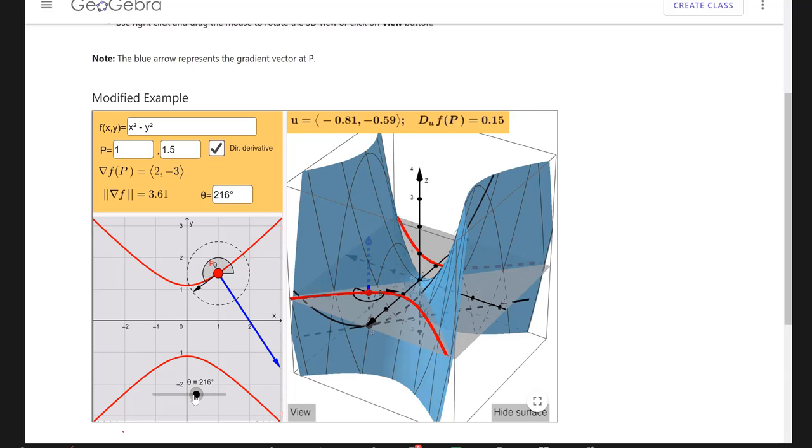So when my direction vector, the black vector here, is perpendicular to the blue gradient vector, that's when I'm going to get a value close to 0, because what's the dot product of two perpendicular vectors? It's 0, right? So that's where my directional derivative is going to be the smallest. And conversely, when they're pointing in the same direction, that's when I'm going to get the most positive value.